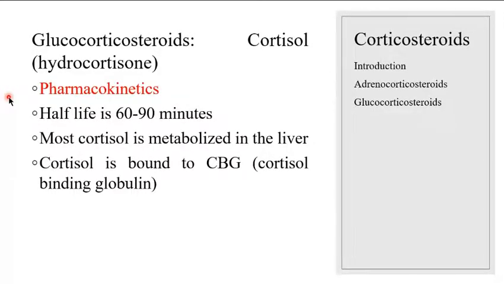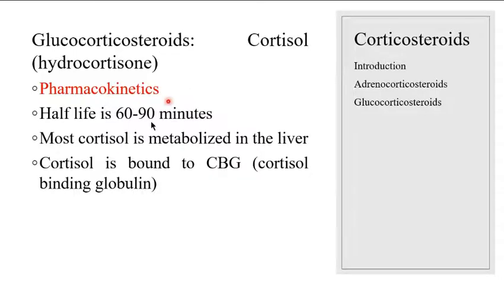Now we move on to the pharmacokinetic parameters of the natural cortisol. Its half-life is very short, around 60 to 90 minutes. Most of the cortisol is metabolized in the liver. When cortisol is secreted by the adrenal cortex, it is basically in bound form.